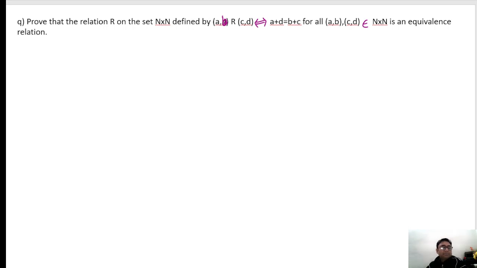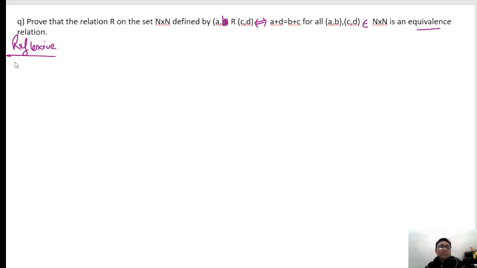Let's check. So we have to see (A, B) R (C, D) means A plus D equal to B plus C. So we have to check it for equivalence relation. So let's see. Is the reflexive relation valid or not?